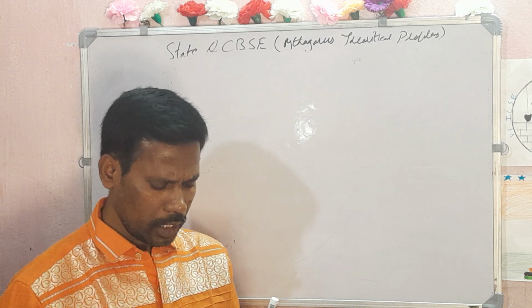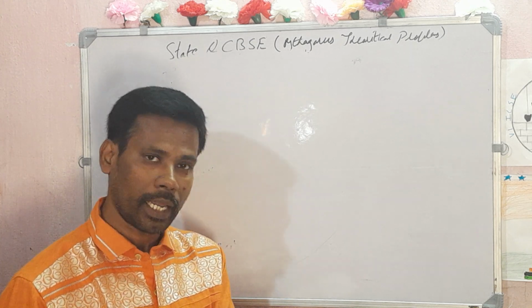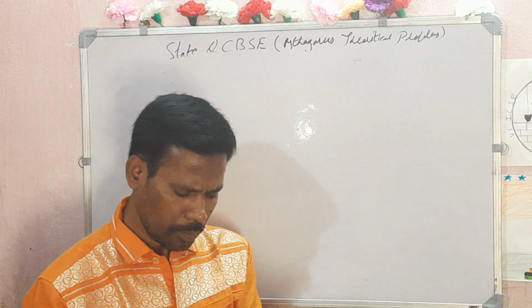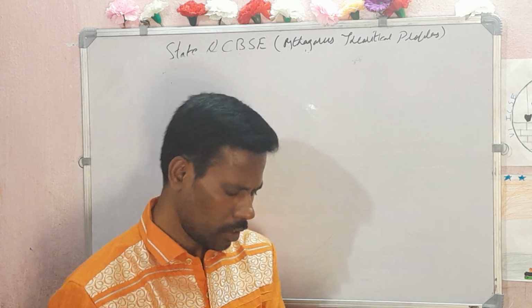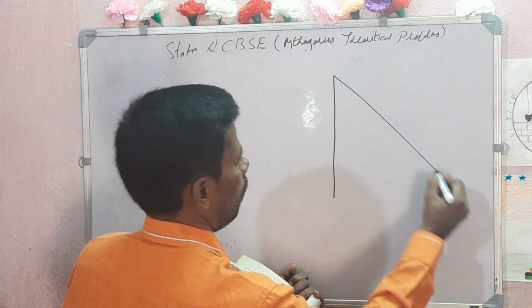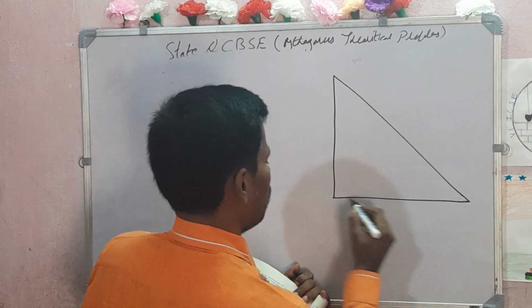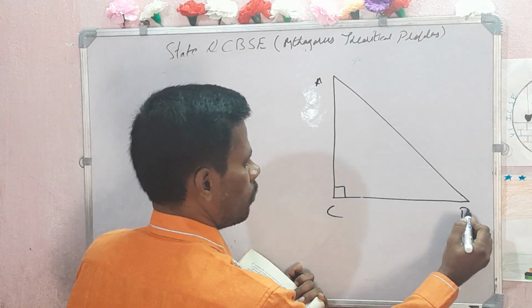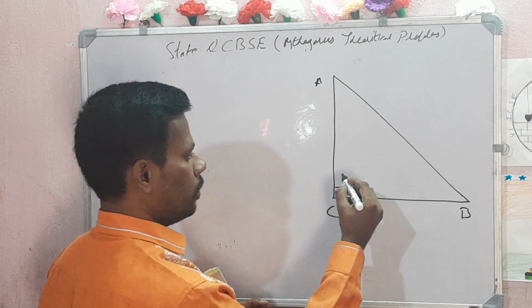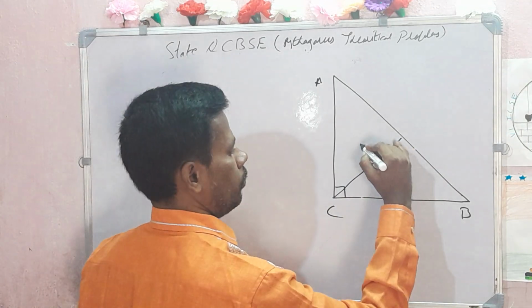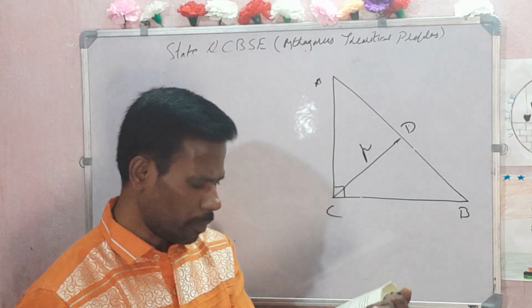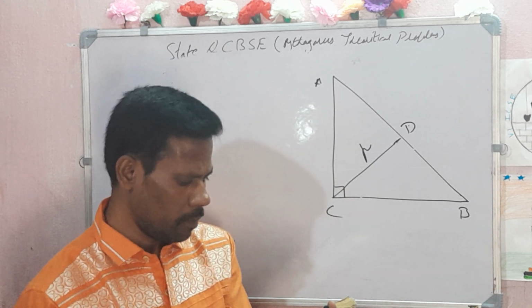ABC is a right triangle, right angle at C. P is the length of the perpendicular drawn from C to AB, and AB is equal to c.